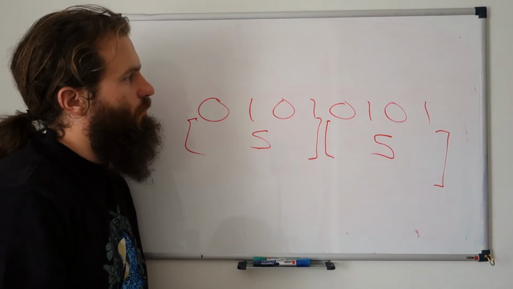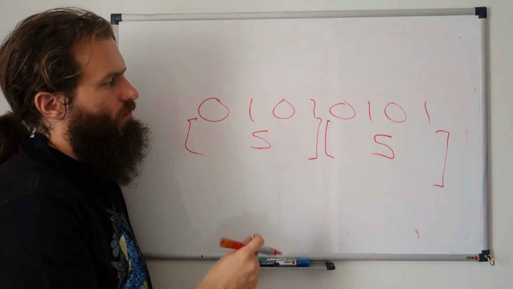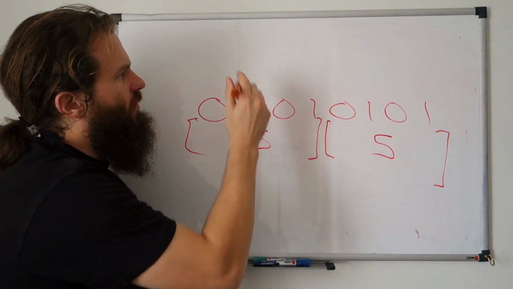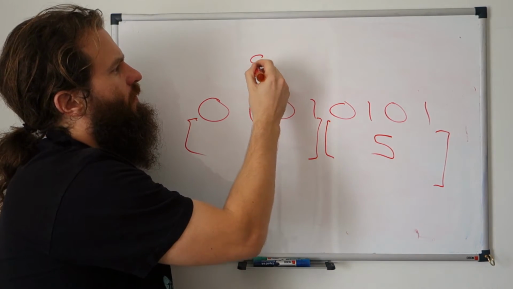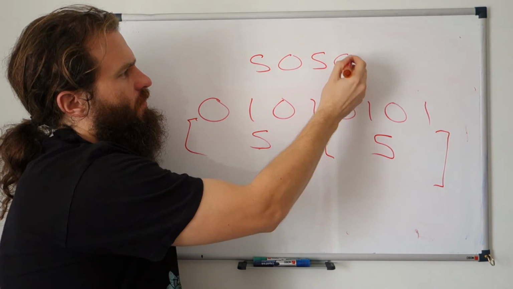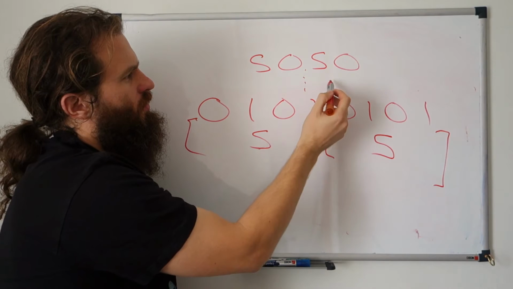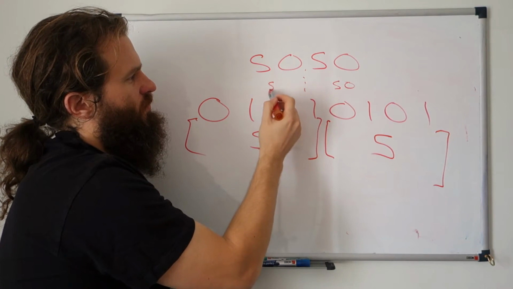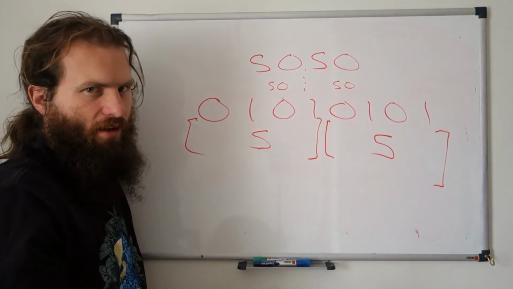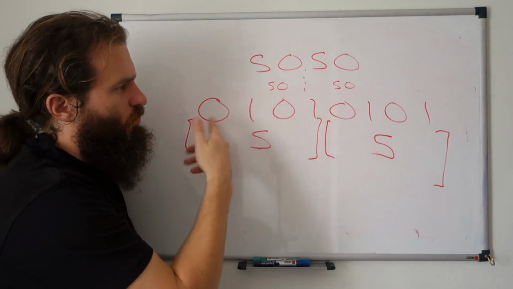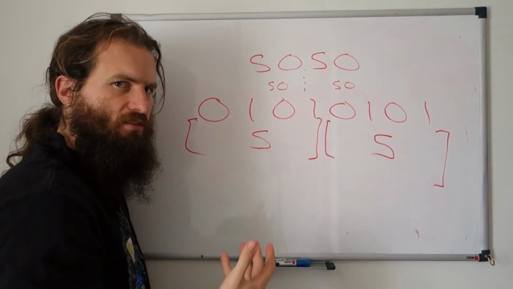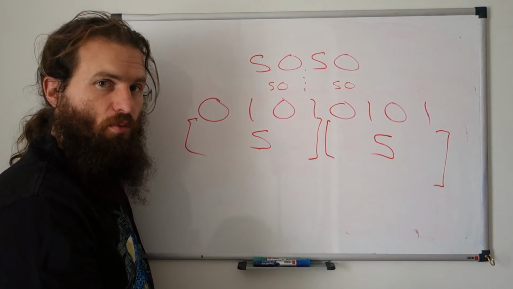Now let's look at this by analogy to the decimal system before we look at this. If we had a number, say 5050, we could also break this up into two separate 50s. Or we can see what they are. That's the thing with the decimal system, whereas with 0101 we have to work it out to see that it's 5. But that's just the way we represent it.